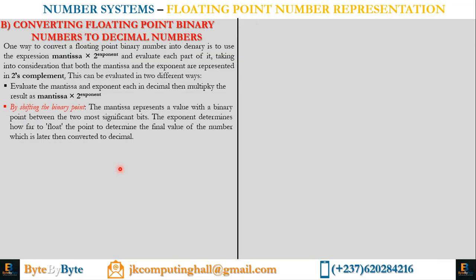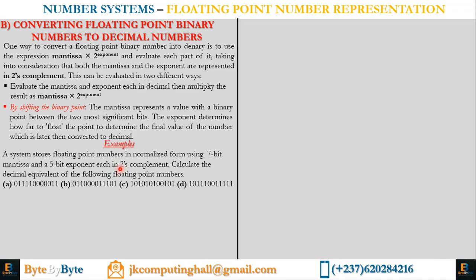The other method is by shifting the binary point. The mantissa represents a value with a binary point between the two most significant bits, because remember, positive numbers are 0.1 and so on, negative numbers 1.0 and so on. The exponent determines how far to float the point to determine the final value of the number, which is then converted to decimal.